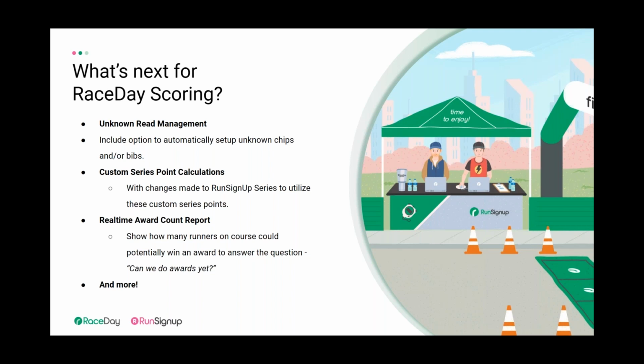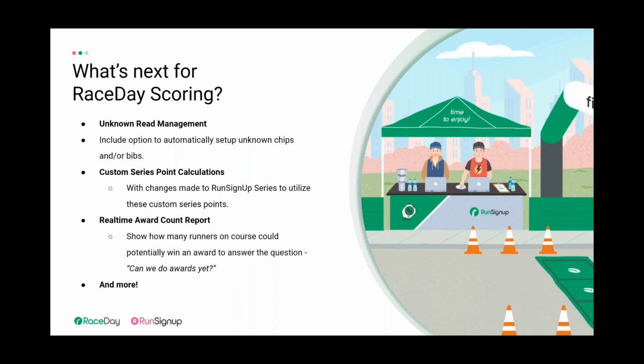And it's all about, like, okay, how many seconds back from the leader of your gender were you times 1,000 or something. So we're building out a way for users to create their own custom series point calculations, and we'll be able to ship a few ones that we find really popular.